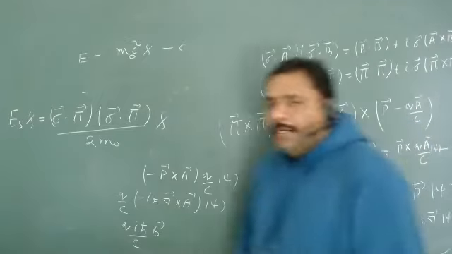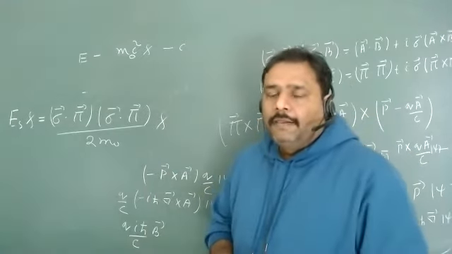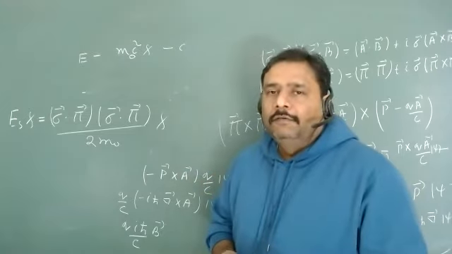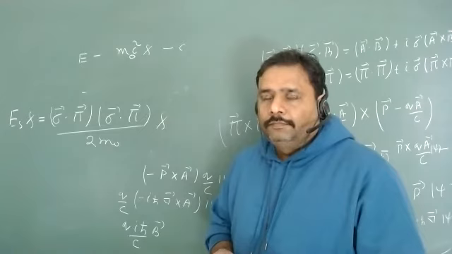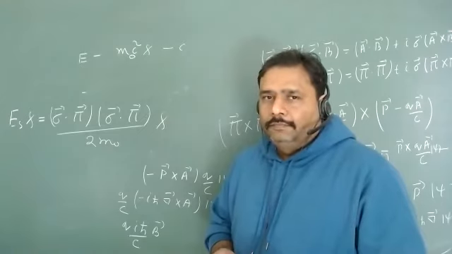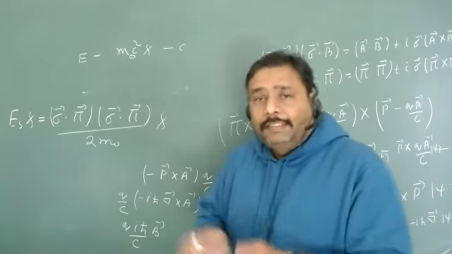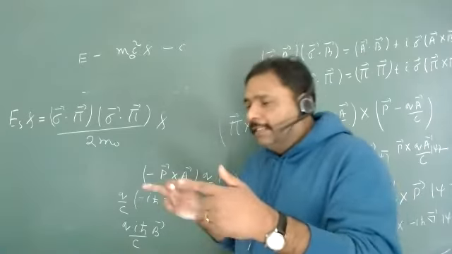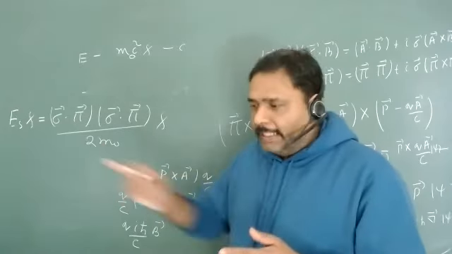When del operates on any vector, what do you get? This is some kind of field. What will happen? Electric field. This is itself a field. This electric field in electromagnetic theory is equivalent to your vectors here, your state here.